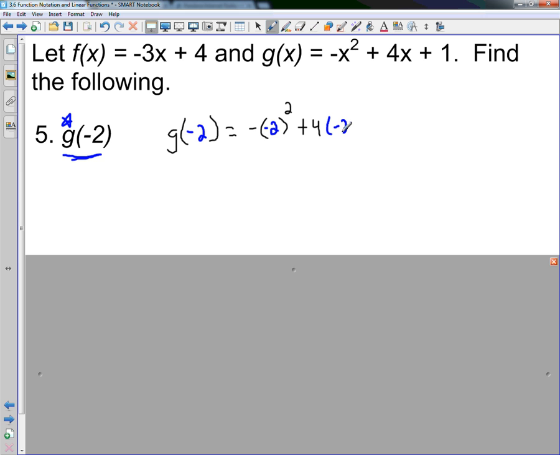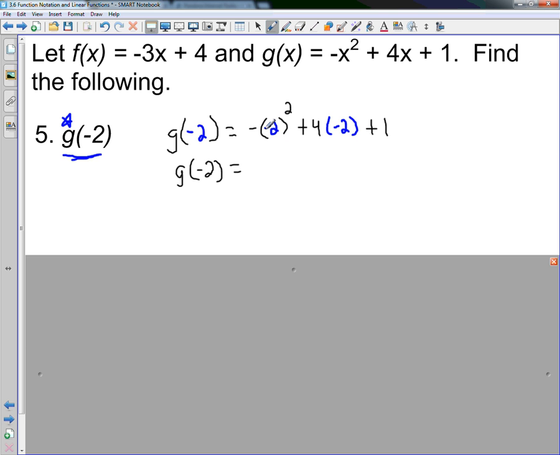Notice everywhere there's an x, I'm plugging in a negative 2. And we have a plus 1. Okay, so we've taken the value of negative 2 and plugged it in for the x term. Now all we have to do is simplify. Again, remember this left side is going to say g of negative 2.